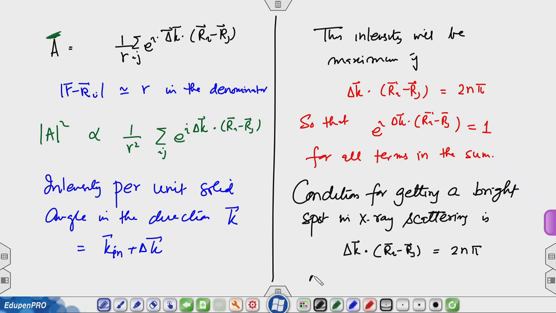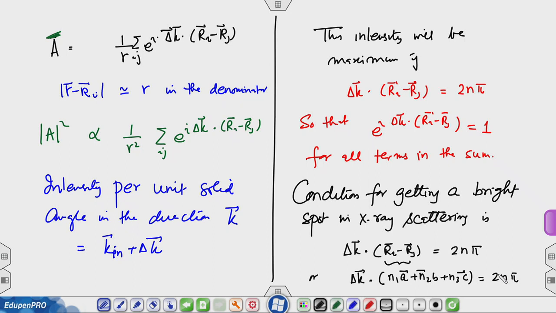This r_i minus r_j is nothing but a crystal vector, so I can write this as delta k dot (n1 a plus n2 b plus n3 c) equals 2 n pi. Whenever delta k satisfies this condition, you are going to see a bright spot of scattered X-rays.